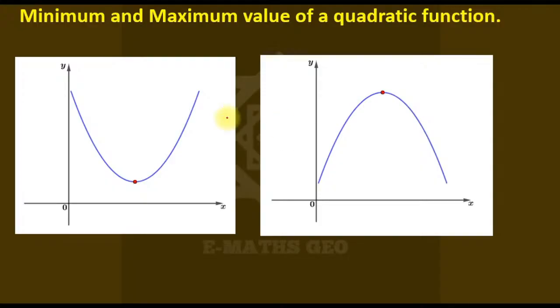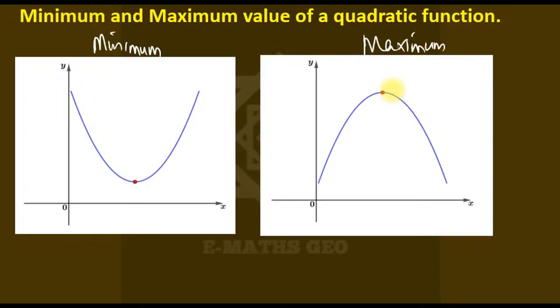If it's concave up, we have a minimum. This one will have a minimum, as you can see the vertex here is below, while this one has a maximum.